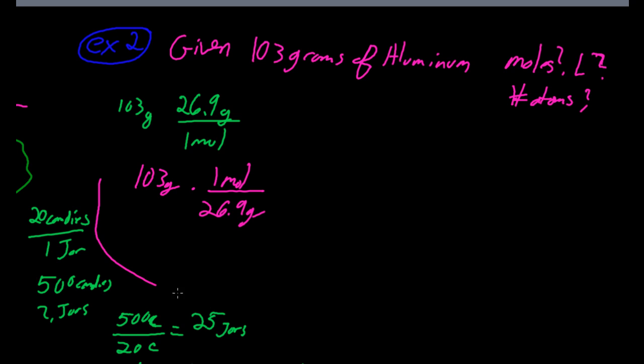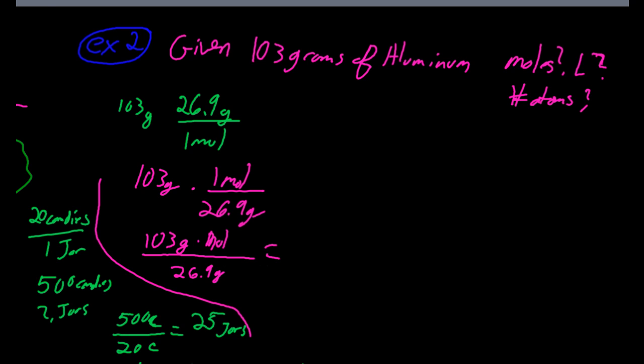So let me box this off. 103 grams times 1 mole per 26.9 grams is equal to 103 grams times a mole, because it's implied that there's a 1 there, and that whole thing is divided by 26.9 grams.